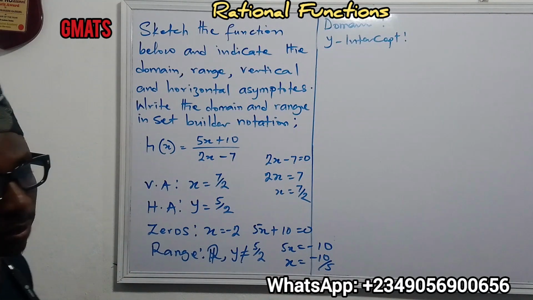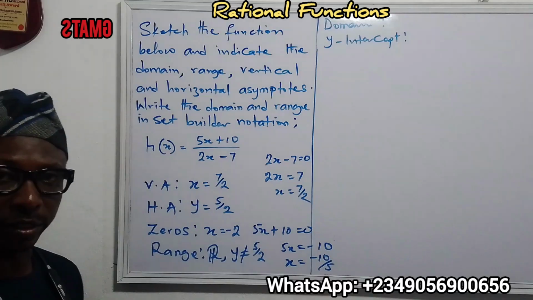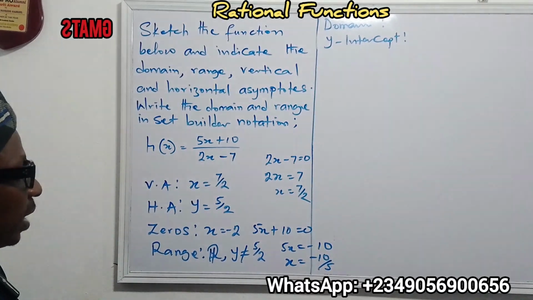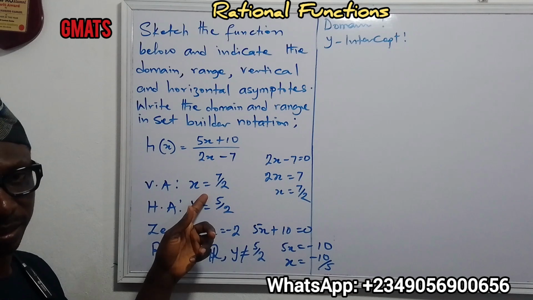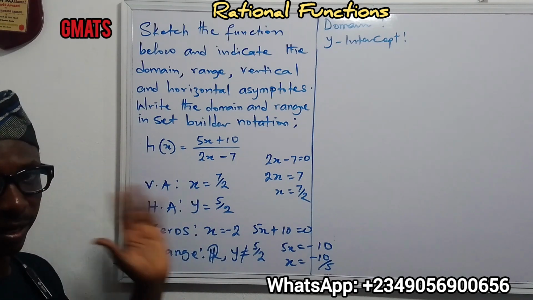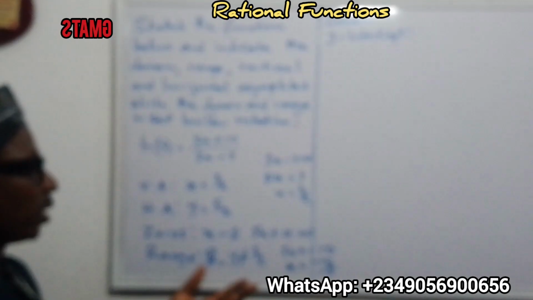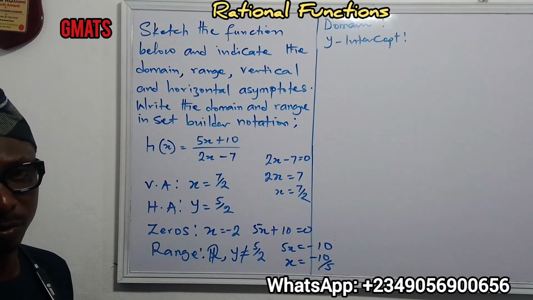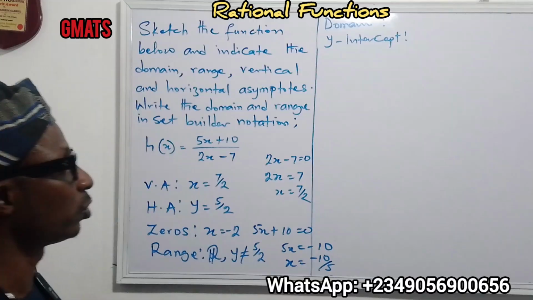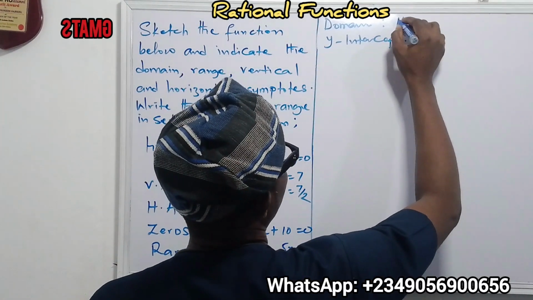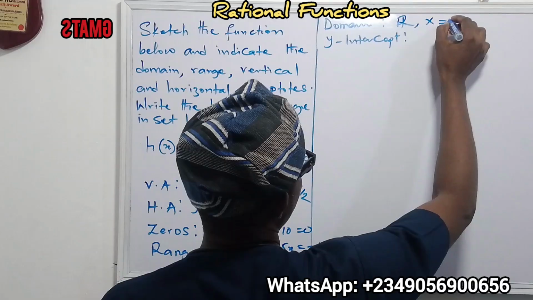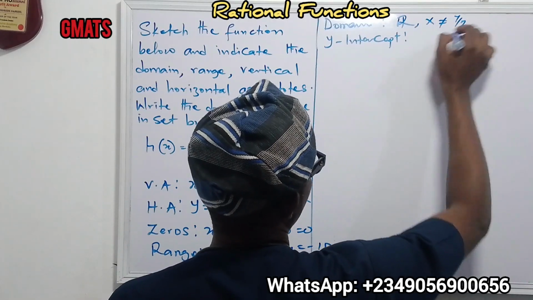So that is going to be the range of this function. Now, what of the domain? That is connected with the vertical asymptote. So it's a set of real numbers as well, where x is not equal to 7 over 2. So we have the set of real numbers where x is not equal to 7 over 2.